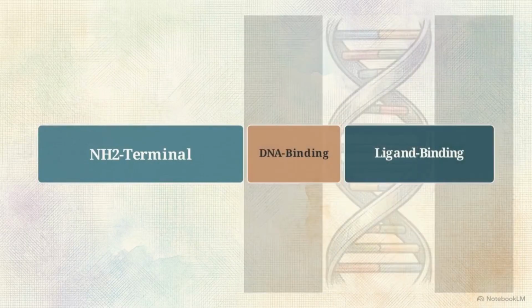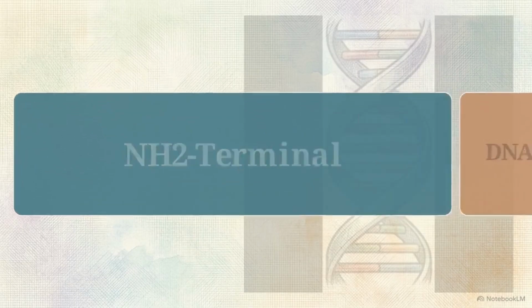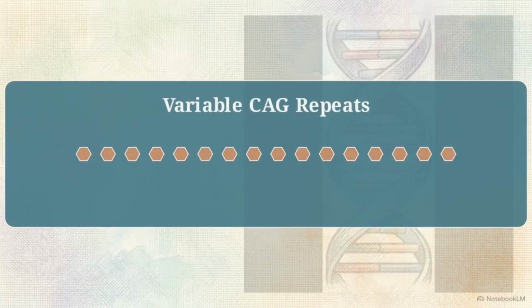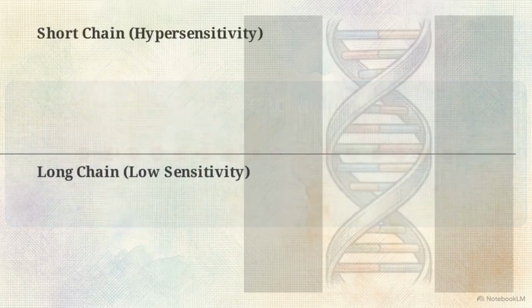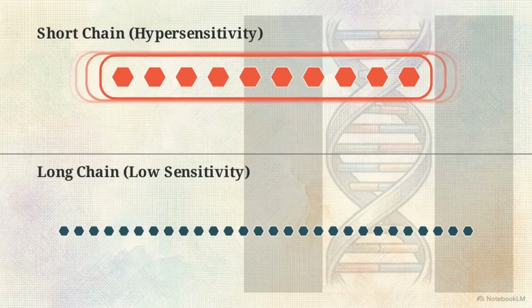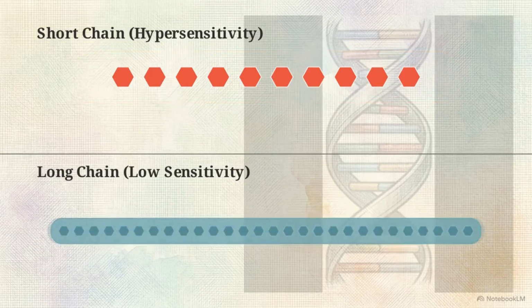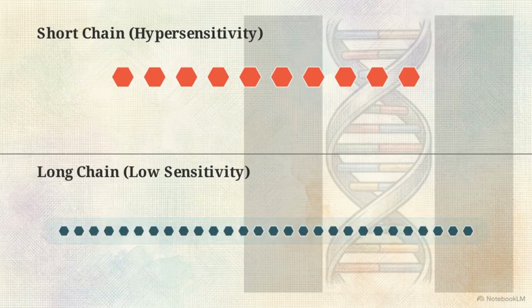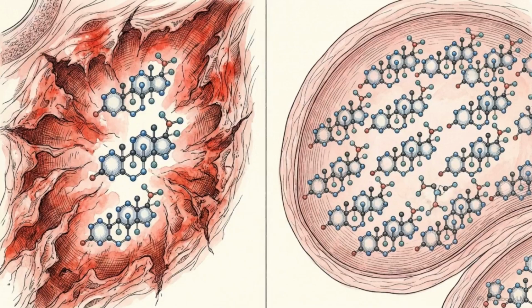This map shows the androgen receptor structure, the NH2 terminal, DNA binding, and ligand binding domains. Look at the NH2 terminal containing variable CAG repeats. An inverse correlation governs this. A short chain pulses with high activity, while a long chain barely emits a signal. This genetic variance dictates the severity of the patient's symptoms.